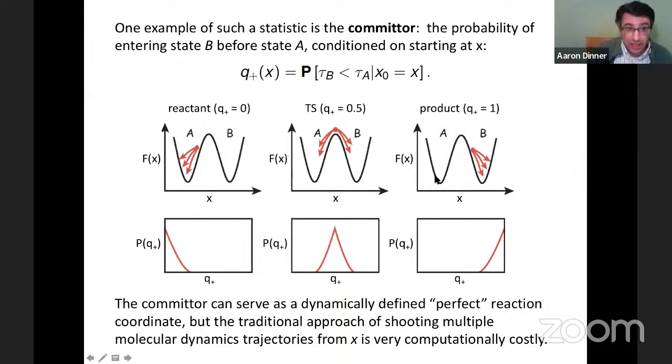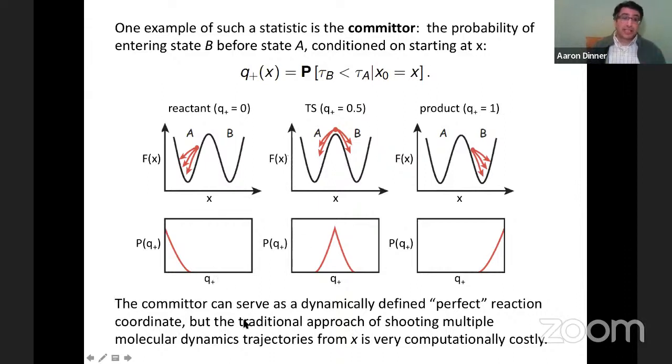A committer close to 1 would be part of the product state. And then a committer of 1/2 would be a transition state. I have an equal likelihood of going forward to the product or back to the reactant. So in some sense, this committer is a perfect reaction coordinate. It's always telling us the likelihood that we complete a stochastic reaction. Moreover, I'll show you that we can actually compute other statistics from it, like rates.